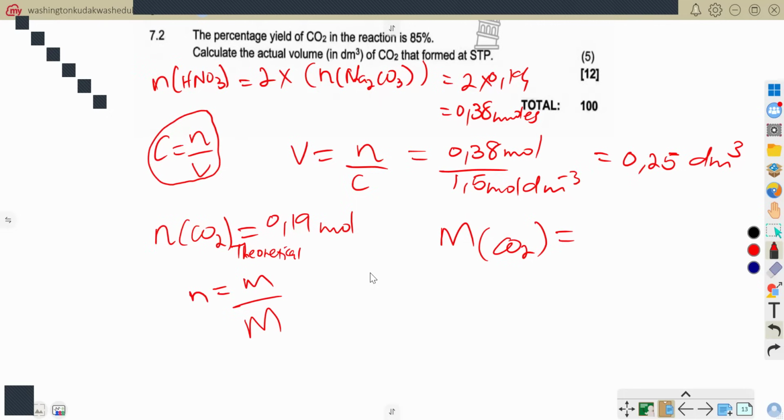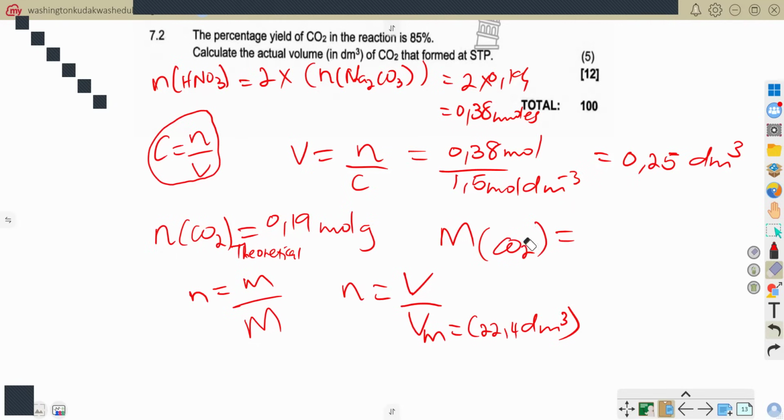We also know that the number of moles is given by the volume of that substance divided by the volume at STP, where the volume at STP is 22.4 decimeter cubed. We know that 1 mole of gas occupies 22.4 decimeter cubed. So if I have 0.19 mole of that gas, how much volume will it occupy? That is what I'm now looking for.